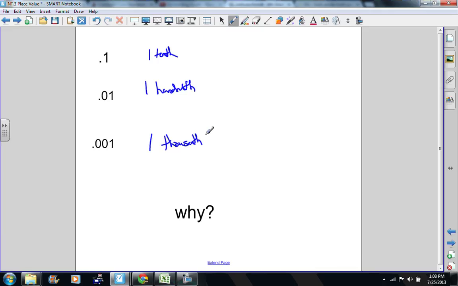Well, the reason is because 0.1 is the same thing as 1/10, which is 1/10th. 0.01 is the same thing as 1/100, which is 1/100th. And 0.001 is the same thing as 1/1000, or 1,000th.